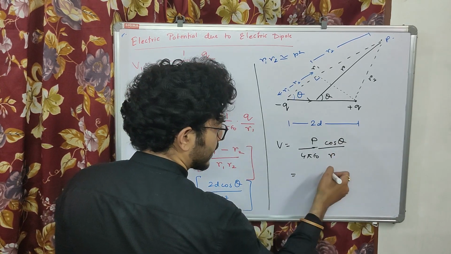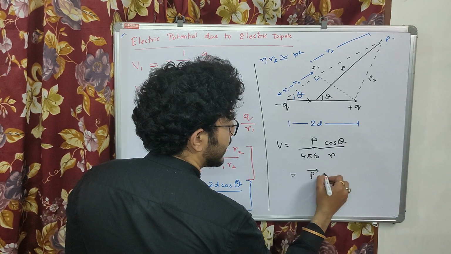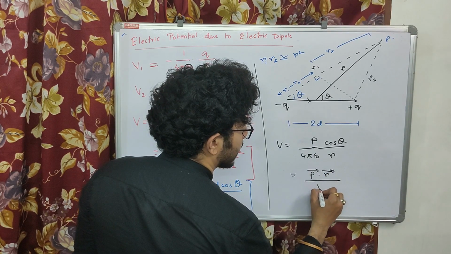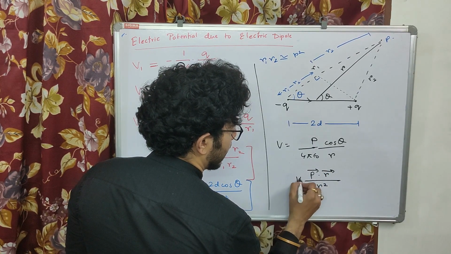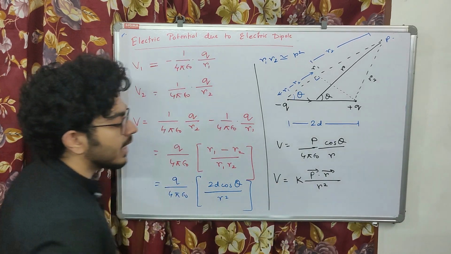I can also write this as k p dot r by r cube.